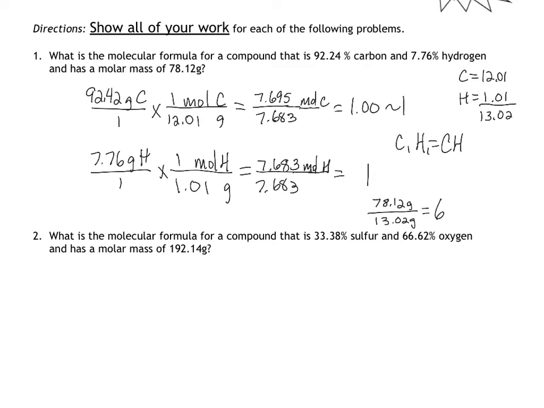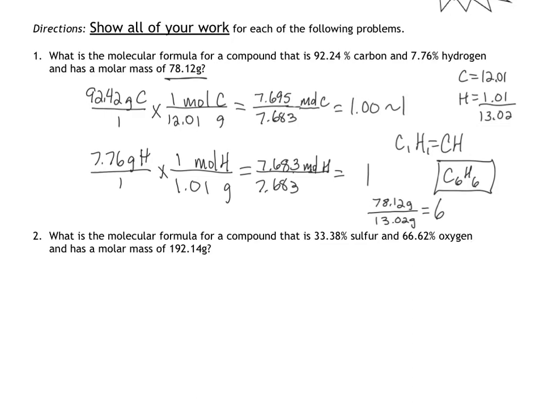So I'm going to multiply each of these by 6. So it would be C6H6, my final molecular formula for this compound. The empirical formula is 6 times smaller than the molar mass I was given. So you know it must be a multiple of 6.